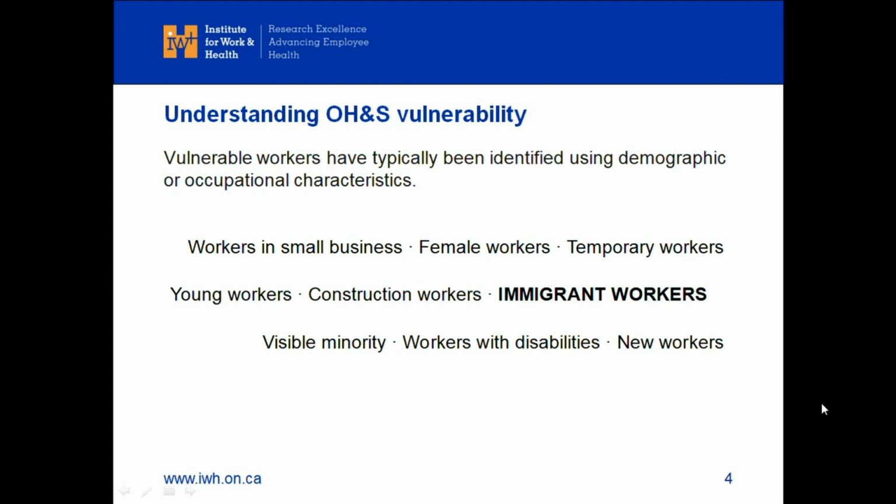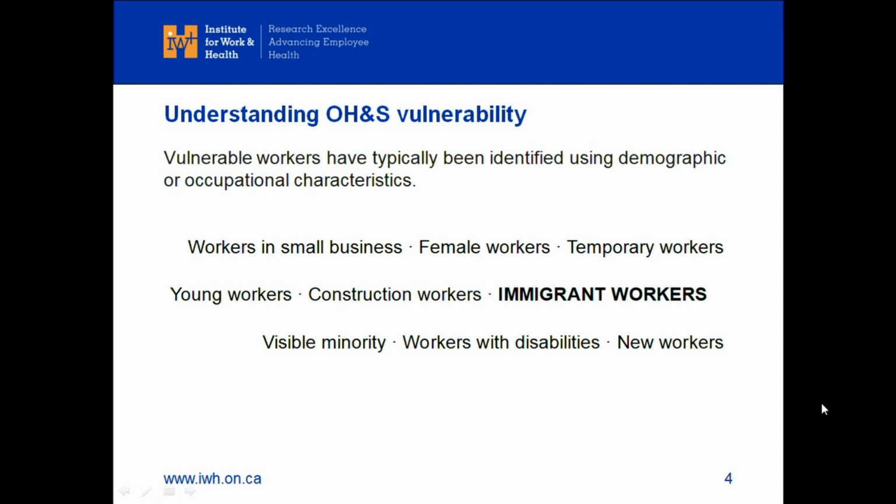The challenge with taking this approach is, in fact, there are a number of challenges. One is that it makes it sound as though these groups and individuals are inherently at risk, that it's a result of their population characteristics or their job that they are at risk.